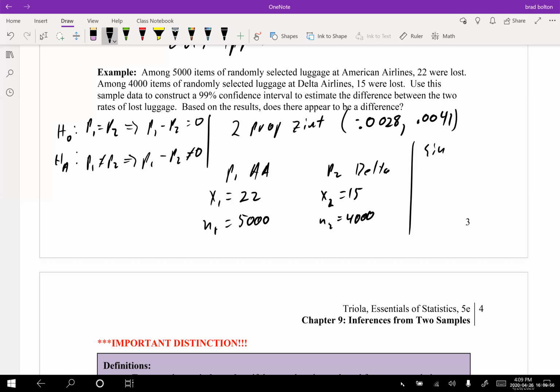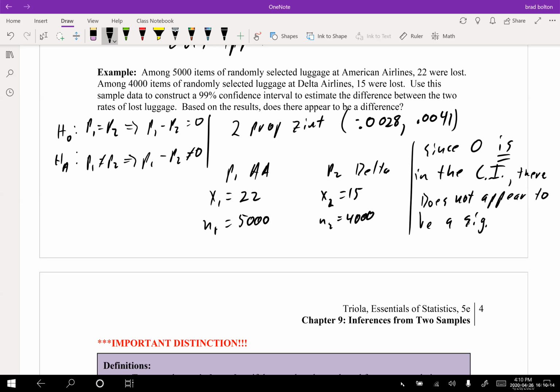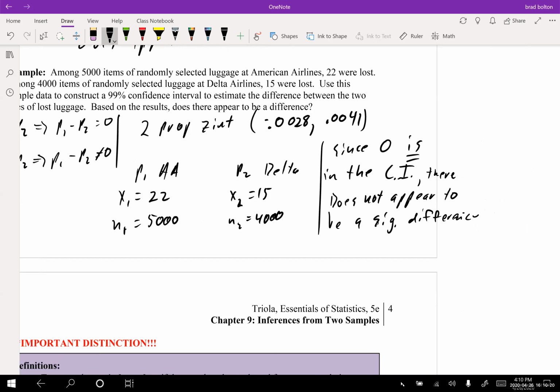So we say, since 0 is in the confidence interval, there does not appear to be a significant difference in lost luggage proportion between American Airlines and Delta. Sorry about that, you guys started running out of room.